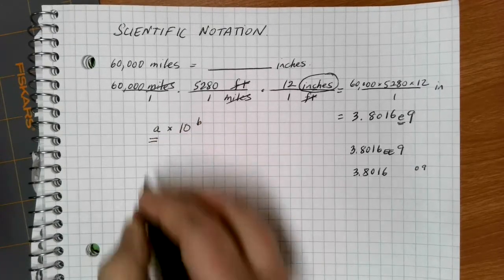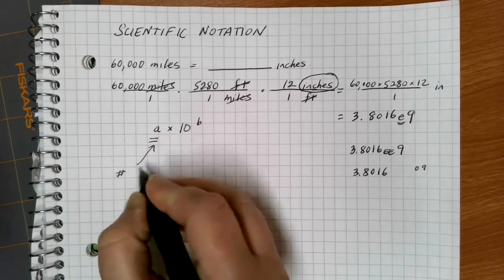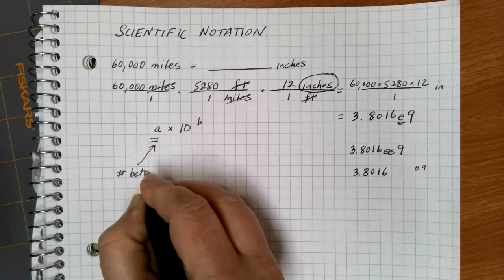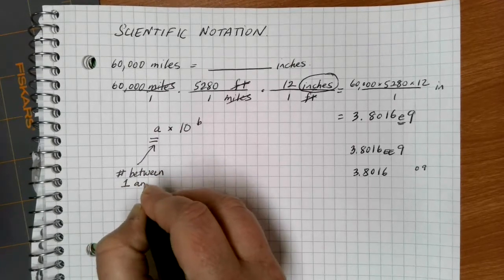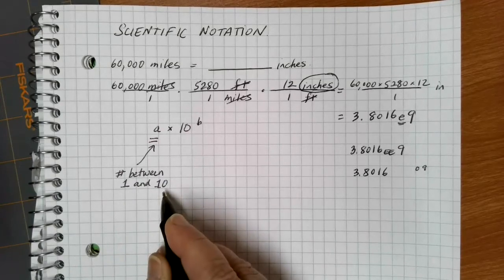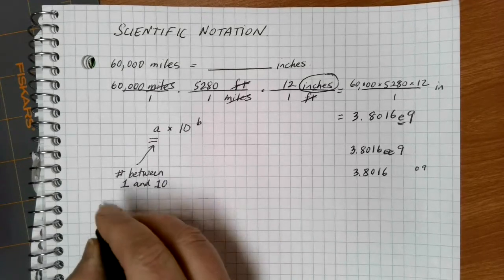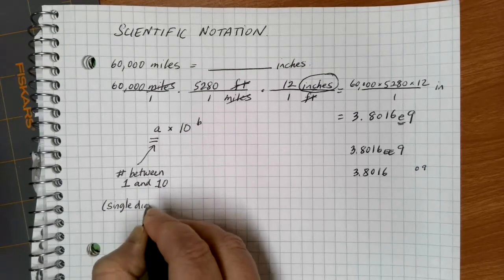We have some number that's written first. This number is always between 1 and 10. It's okay for your number to be 1. It's not okay for your number to be 10. Essentially, what we really want to focus on here is the idea that there's just a single digit in front of the decimal.